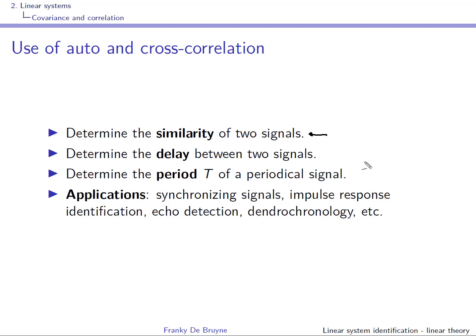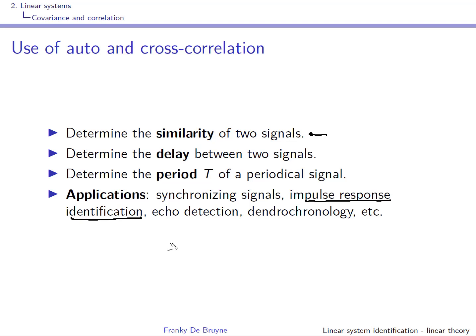It can also, and this is now the autocorrelation, be used to determine the period of a periodic signal, and this finds applications in synchronization of signals, echo detection, dendrochronology, as we'll see, and in this course we'll use it for impulse response identification, right? And more in particular to have an idea of the time delay.